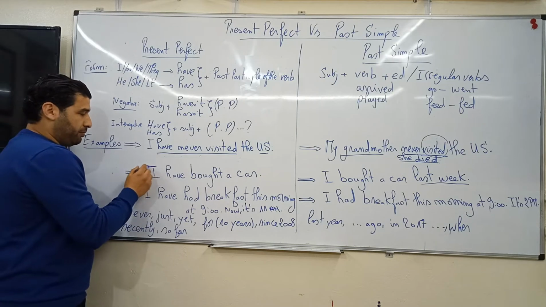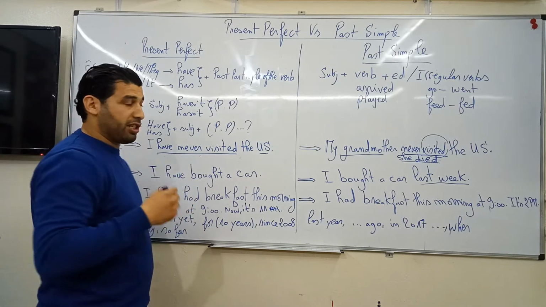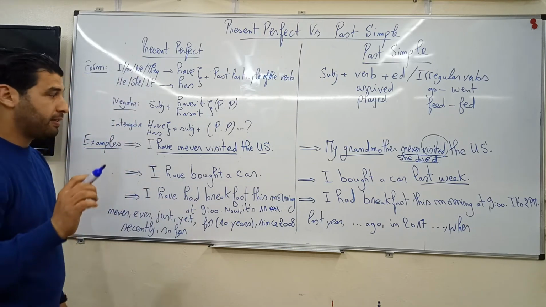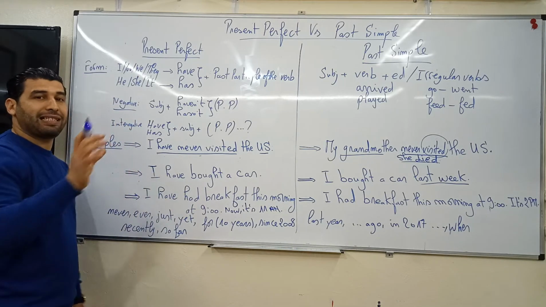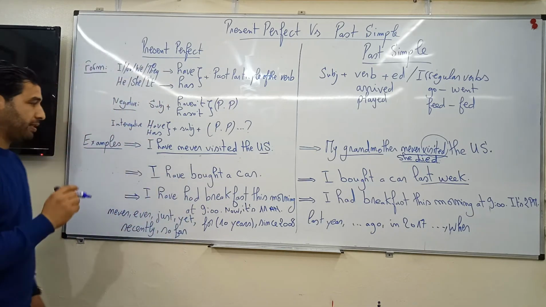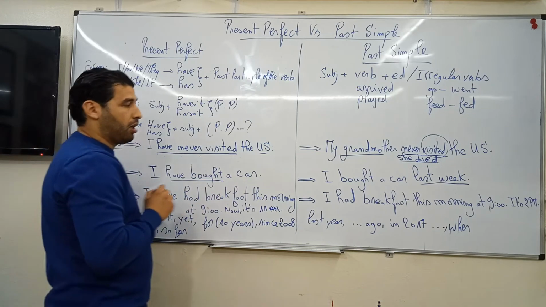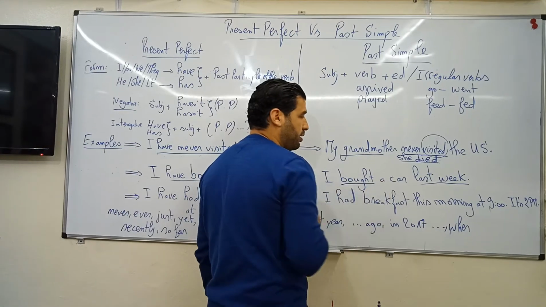Another example would be here to illustrate the big difference between present perfect and simple past. Look at this example. I have bought a car. And here, I bought a car.